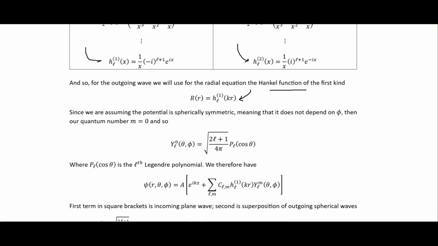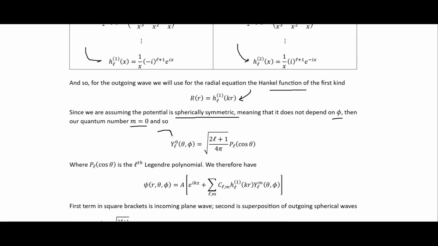Since we're assuming the potential is spherically symmetric, which is a decent assumption to make, like if we're talking about just an atom and the nucleus of the atom, that's going to have a spherically symmetrical potential. It means it doesn't depend on phi, and so the quantum number m is equal to 0.